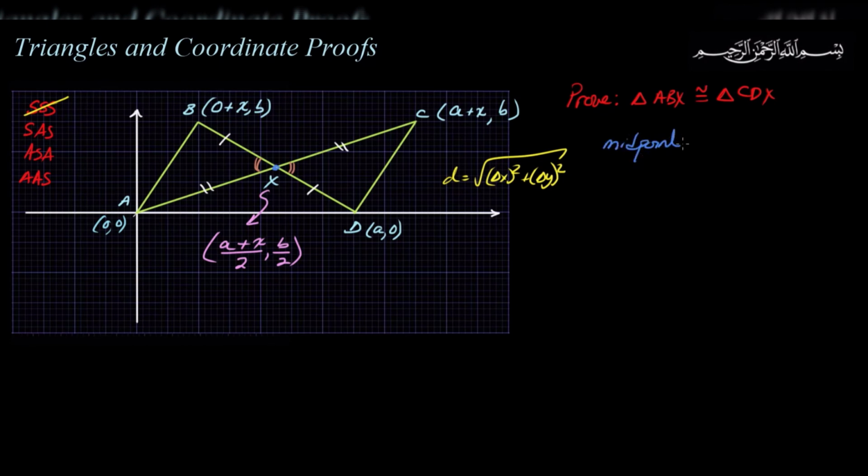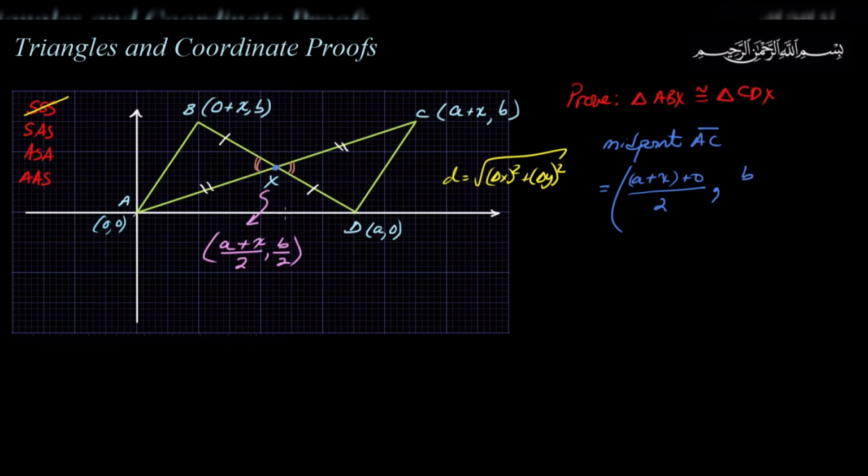Let's find the midpoint of segment AC. The way we do that, we just average the x's and average the y's, right? So let's find the average of the x's. A plus x, that's this over here, plus 0, aha, that works out, divided by 2. That's the x part. And the average of the y, that's b over here, for AC, right?